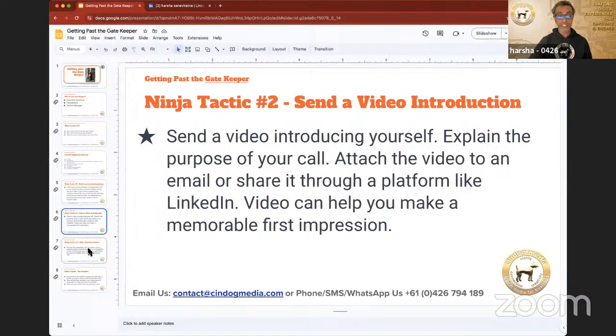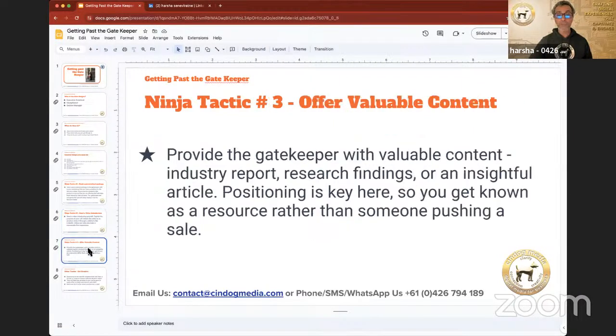And finally, ninja tactic number three, offer valuable content. Now, this is being done, but it's one of those things that can really add value to a customer. So if you can offer valuable content like an industry report that's not easily found, research findings or an insightful article, positioning is key here.